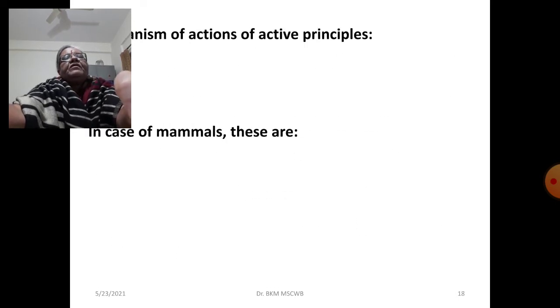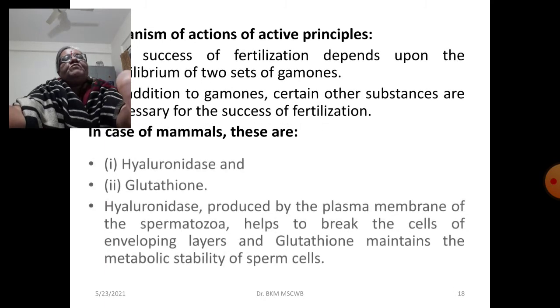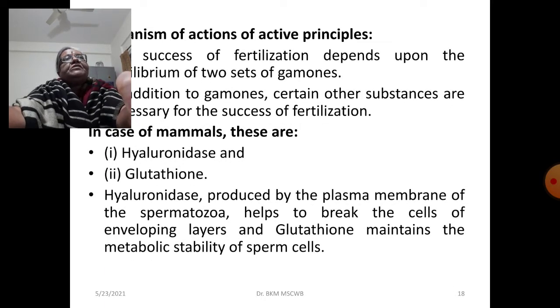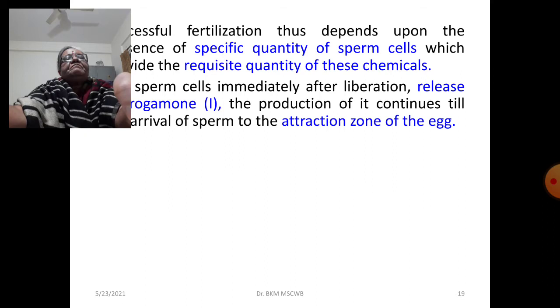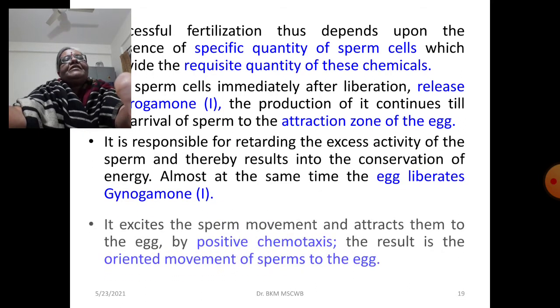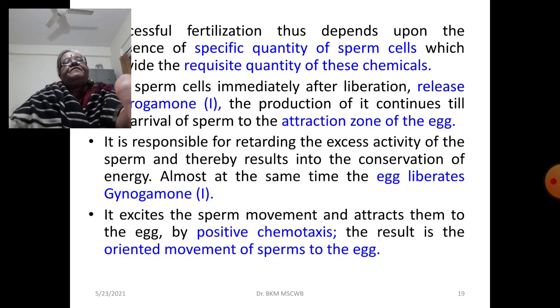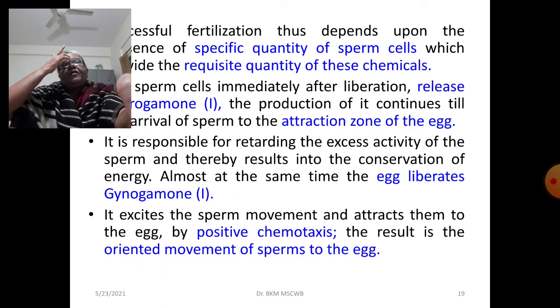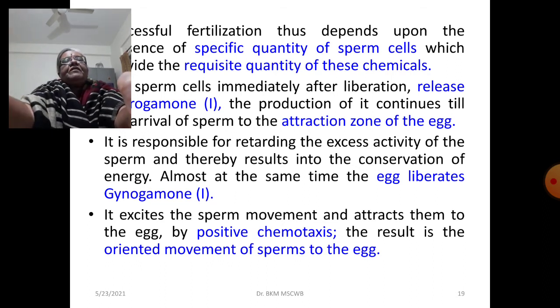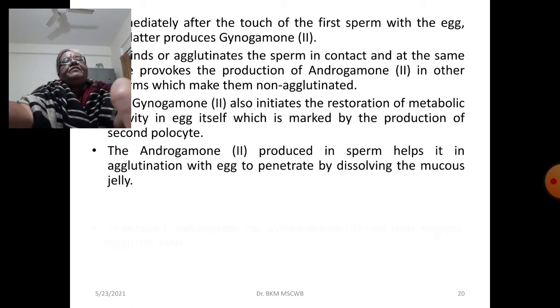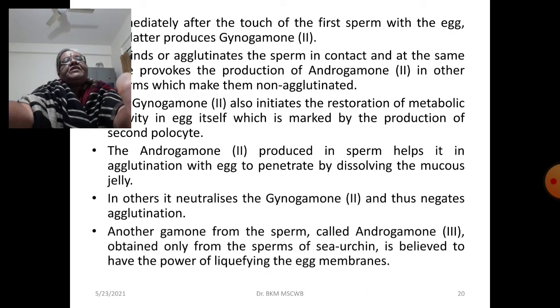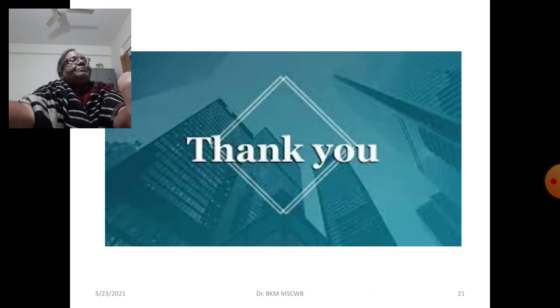Then the other chemicals needed for penetration to take place, and how exactly the equilibrium of androgamete and gynogamete brings about successful penetration and positive chemotaxis, right? I have given a detailed account of these PPTs in my previous lecture.